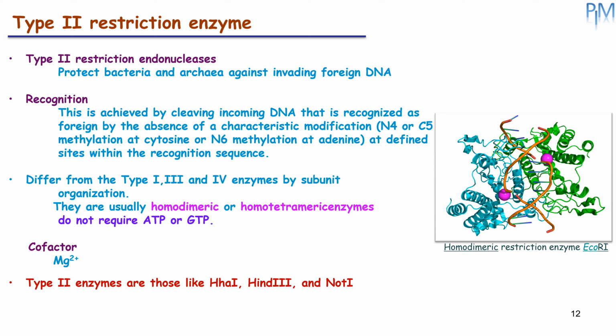They are usually homodimeric or homotetrameric enzymes. As I said earlier, they recognize and cleave DNA at the same site and do not use ATP or AdoMet for their activity. They usually require only magnesium ions as a cofactor.